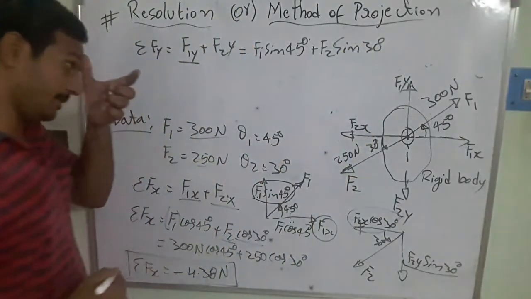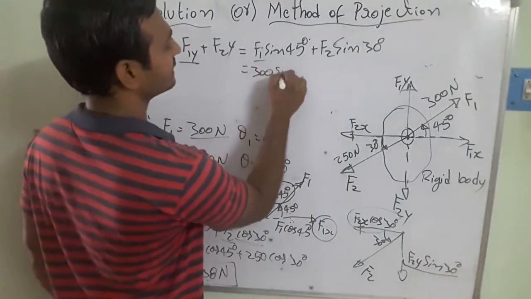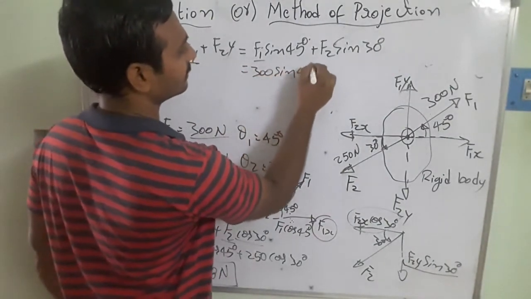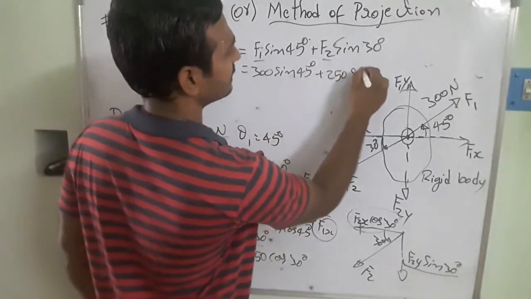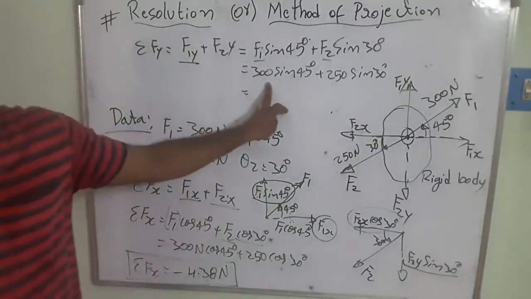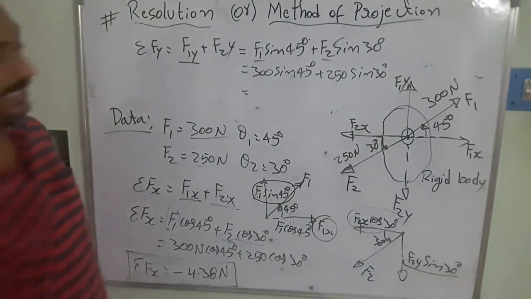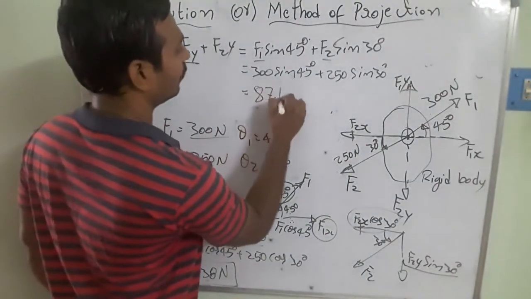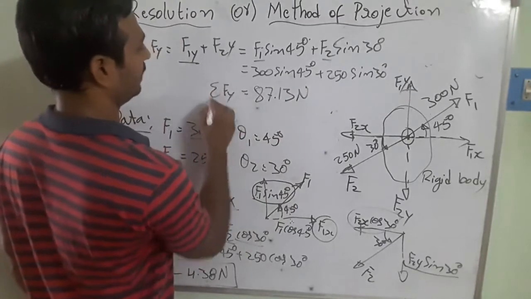So once we have that, I substitute here: 300 sin 45 degrees plus 250 sin 30 degrees. Once you simplify this equation, finally sigma Fy is equal to 87.13 newtons we are getting. So that's sigma Fy, we got it.